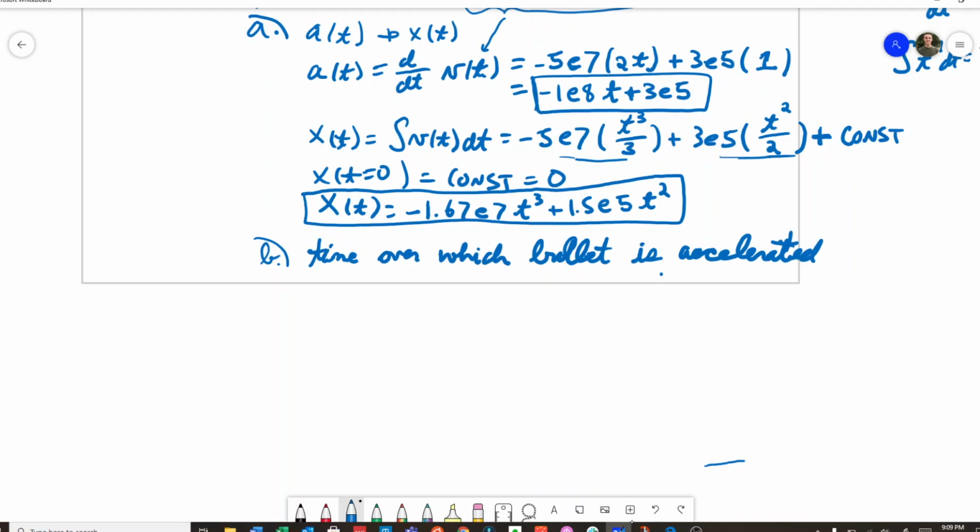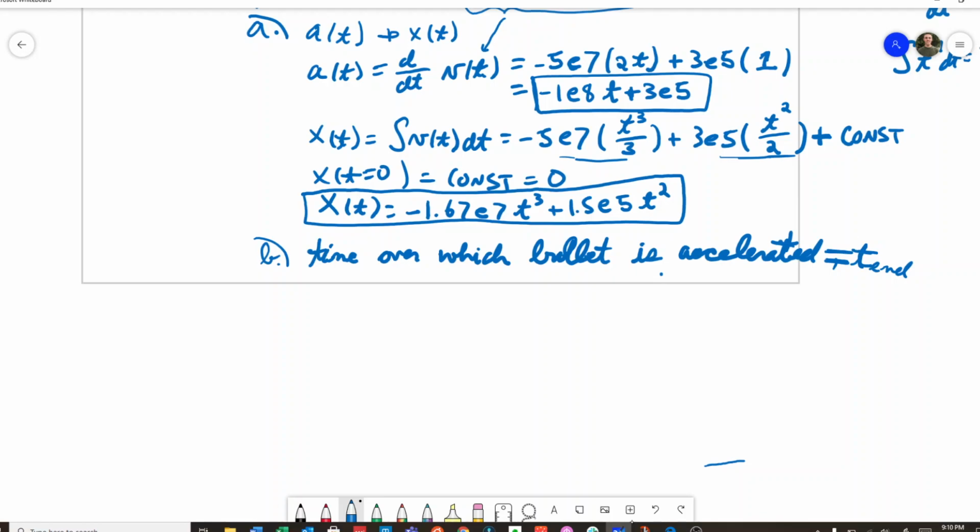Okay. Now, earlier we had said t equals 0 is when the bullet starts, and t end was what I called the time when the bullet gets to the end of the barrel. So all we need then to find the time over which the bullet is accelerated is to get that value, t end.